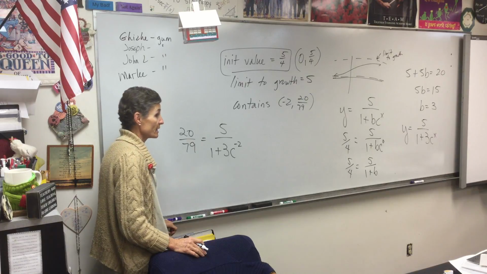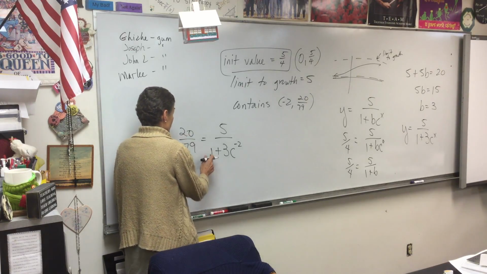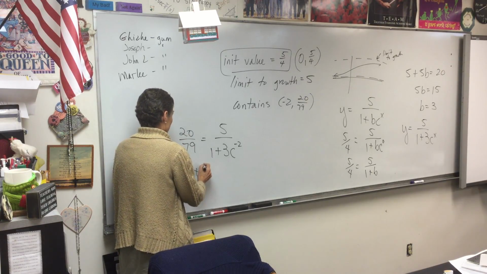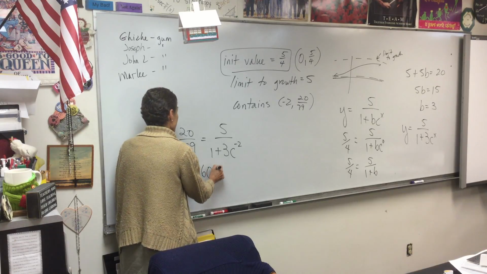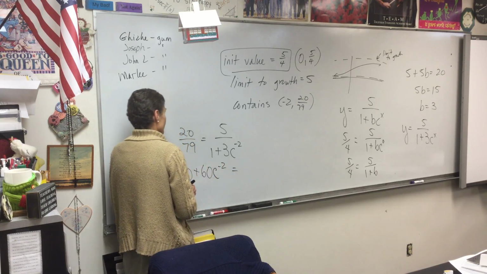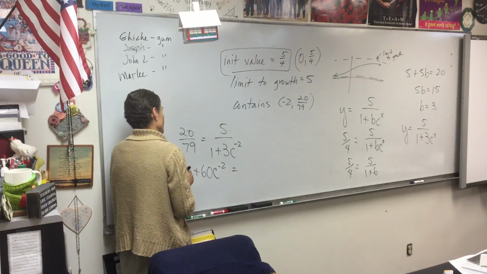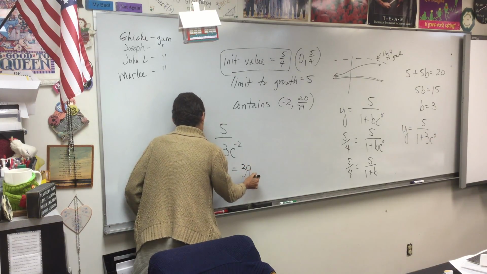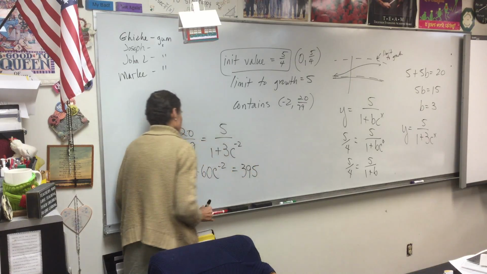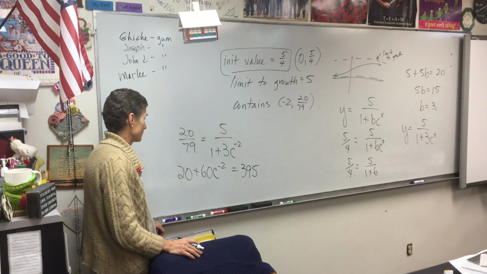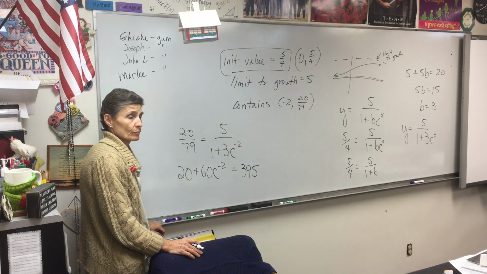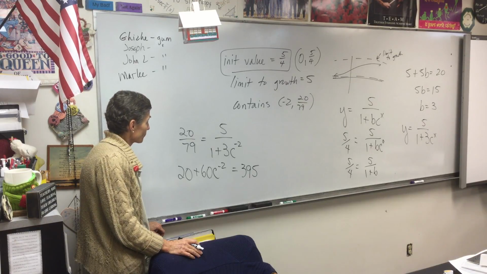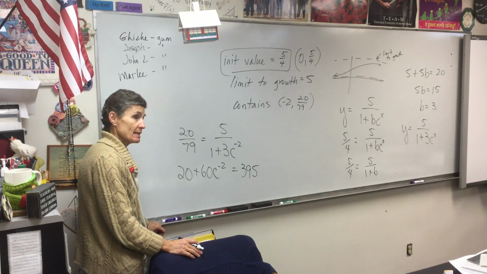Cross multiply again. So we're gonna have 20 plus 60 c to the negative second equal to 395, maybe. Everybody see how that works?